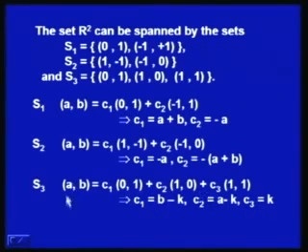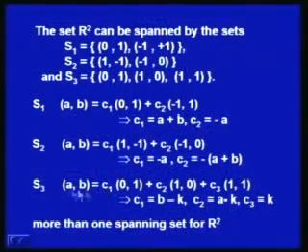The idea is that we have two equations in 3 unknowns, so we have to introduce an arbitrary constant K. You can assign different values to K and get different solutions. So a number of solutions are possible, and you cannot express AB in a unique manner. Another observation here is that more than one spanning set for R2 is possible.